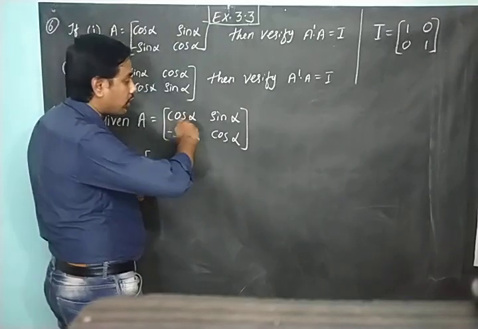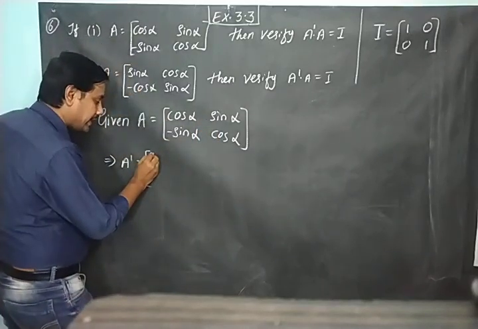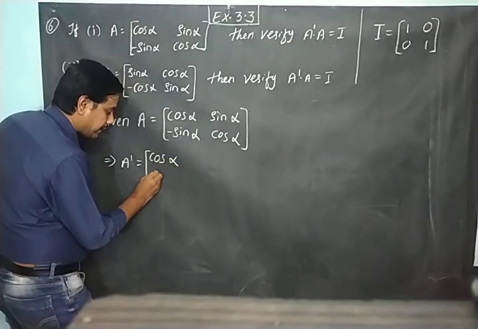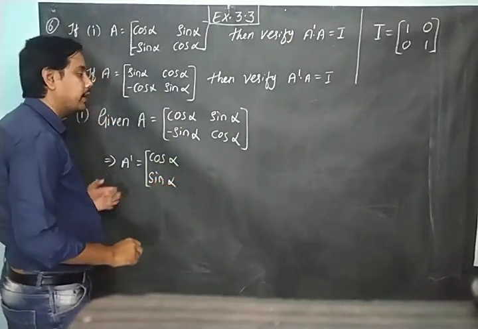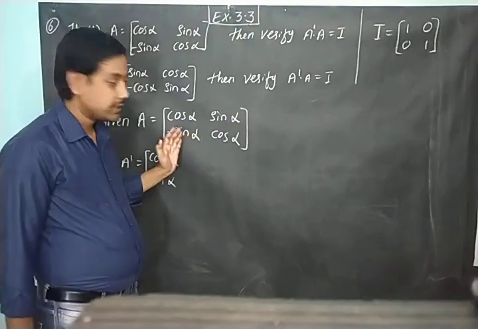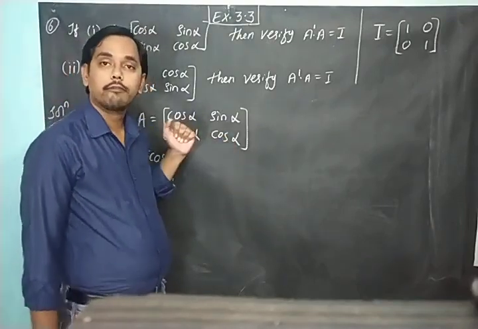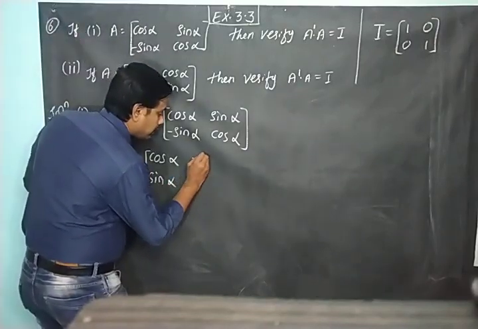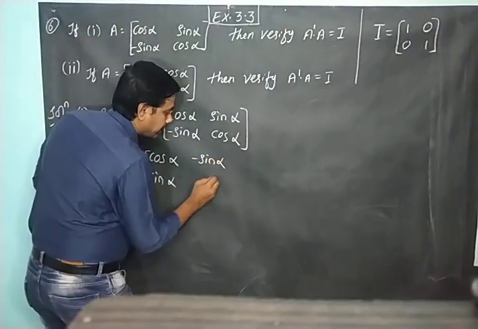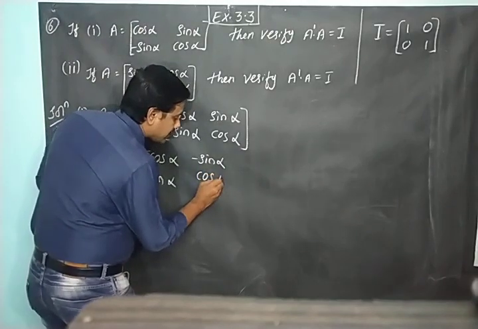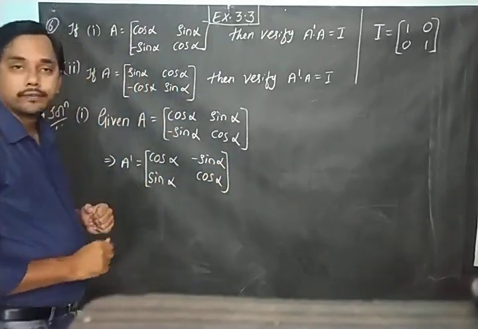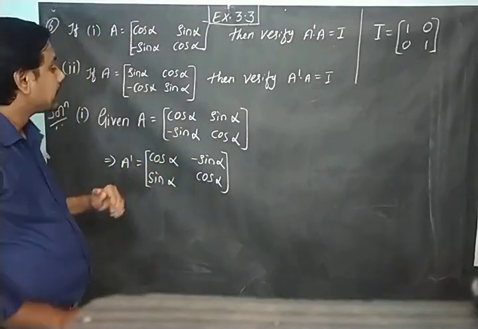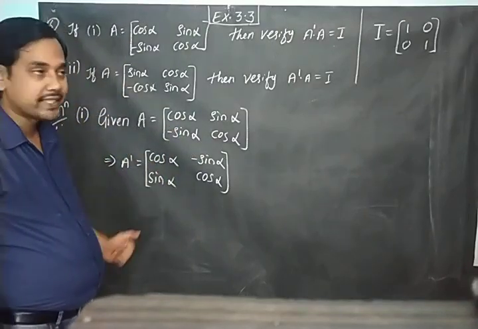The first row has cos alpha and sin alpha, which will be written in the first column. The second row has minus sin alpha and cos alpha, which should be written in the second column. Is that clear? This forms the transpose of the matrix A.